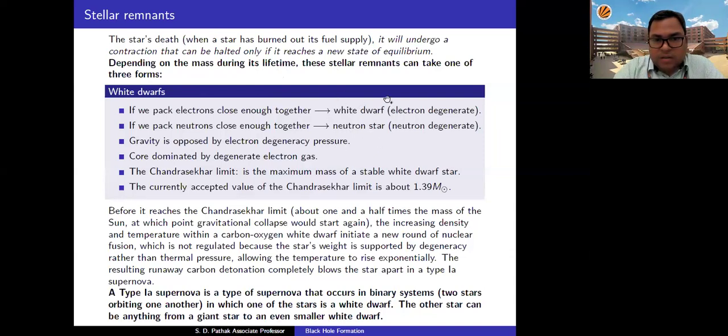White dwarfs are astrophysical objects whose core is dominated by degenerate electron gas. What does degeneracy mean? Here, degeneracy means the classical pressure is not sufficient to balance the gravitational collapse, and due to a quantum mechanical effect, as you know, fermions follow the Pauli exclusion principle.